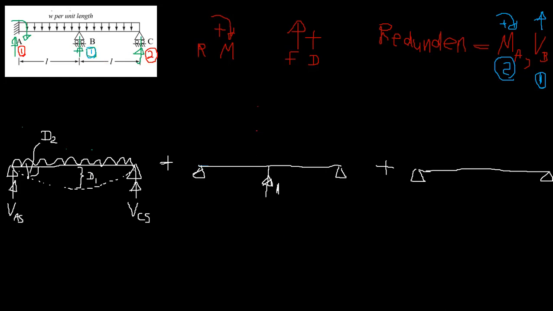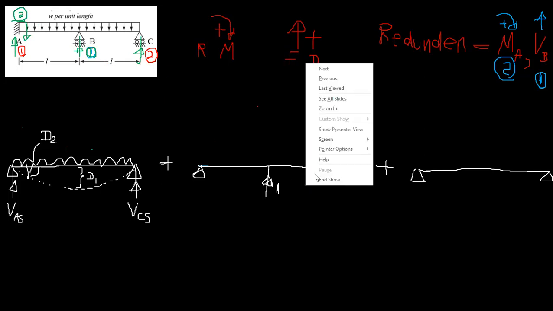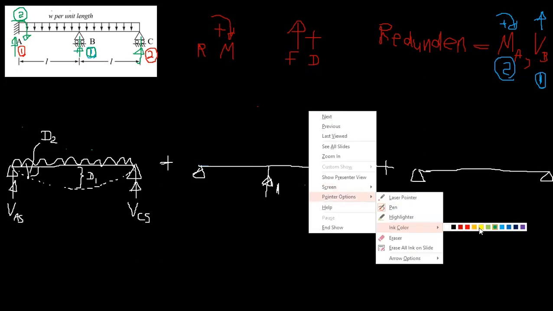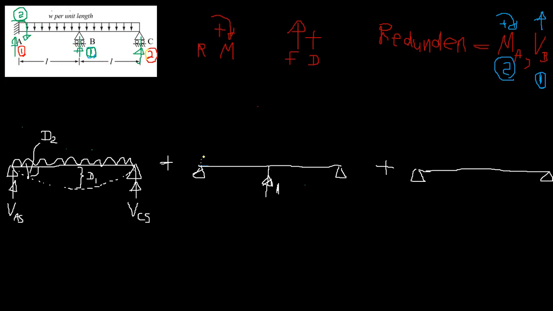This is the first redundant, and this is the second redundant, right? So I'm going to apply a unit force, right? If you apply a unit force, probably it will deflect like this.